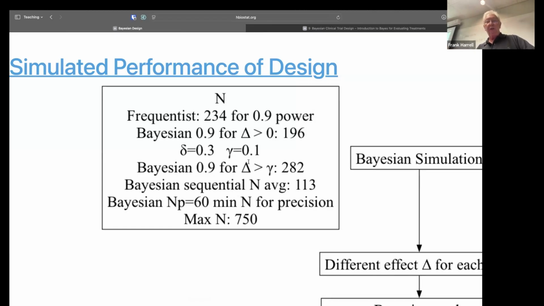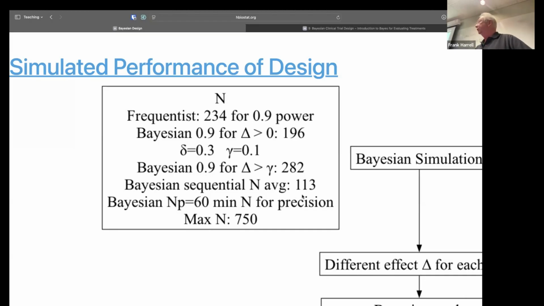But if you wanted to bring in the evidence for more than trivial effect, and if we defined the MCID as 0.3, so that'd be like 0.3 standard deviation units, and we defined the triviality threshold as 1/3 of that, and we wanted really strong evidence for a greater than trivial effect, that needs more sample size than this. This will allow you to get a p less than 0.05 for a trivial effect, and this doesn't allow that. So this has to be bigger.